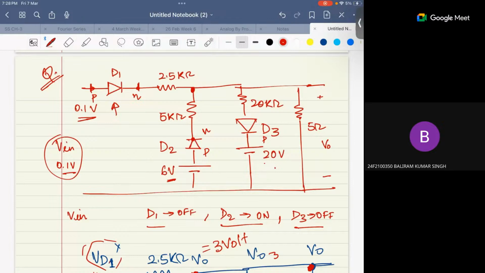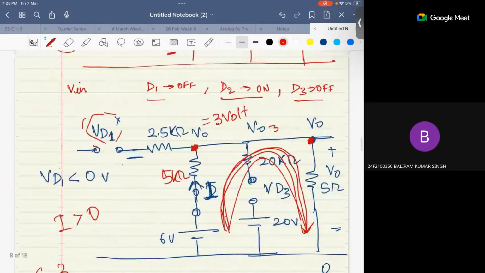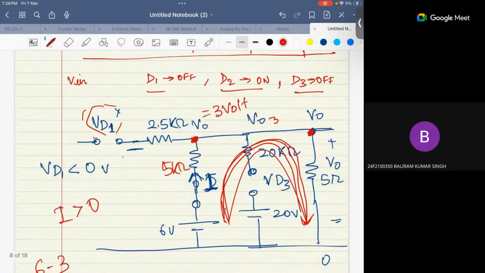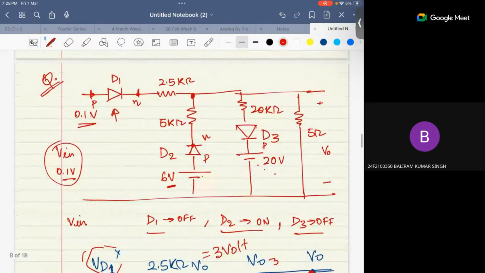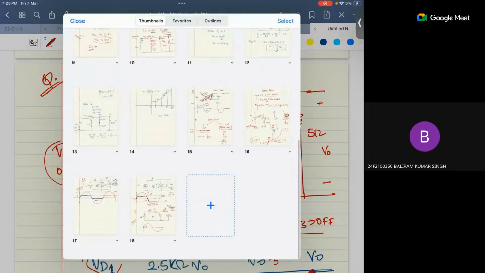The P junction is very small, and at N there is a potential of 20 volt or 6 volt. Compared to this 6 volt, V input is very small, right? So that is how I thought D1 should be off, and then later we came to a conclusion that D1 was off in the starting when the voltage was very small. So similarly, here also you can think.